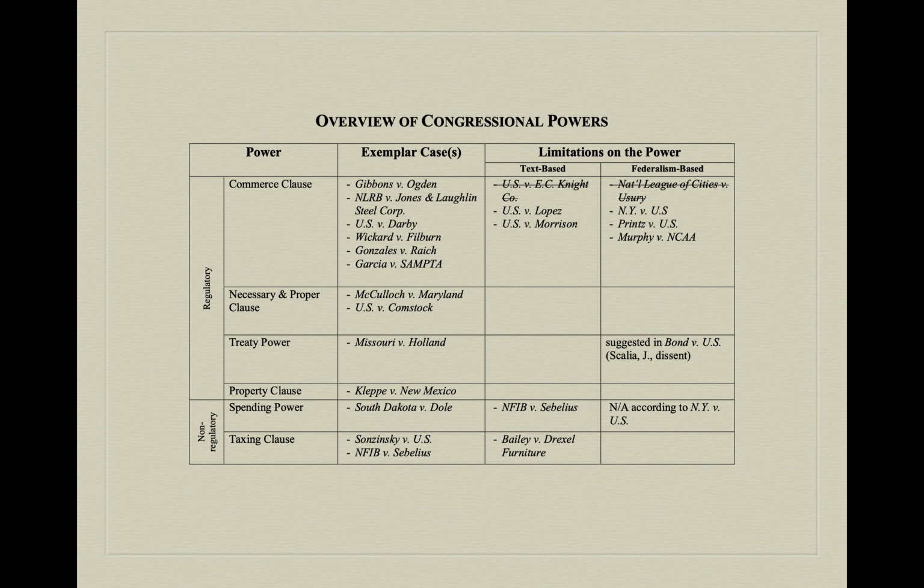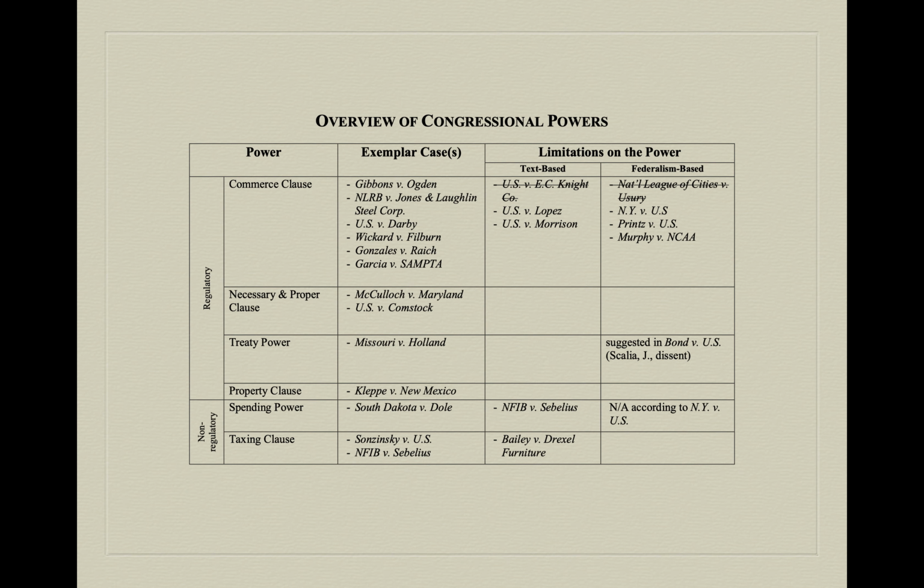The rows are obviously the powers, but if you'll notice, there's a bigger subdivision between the rows, regulatory and non-regulatory. So thus far, all of the powers that we've looked at have been regulatory powers. Today, the spending power and the taxing power are going to be under the heading non-regulatory power. Keep that in mind, because that's very important.